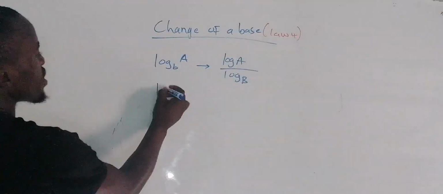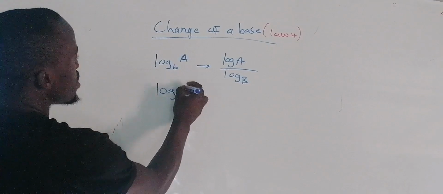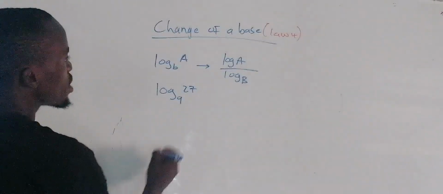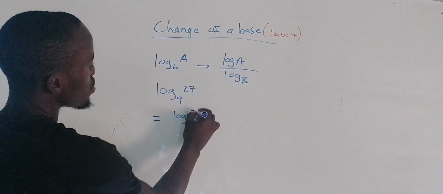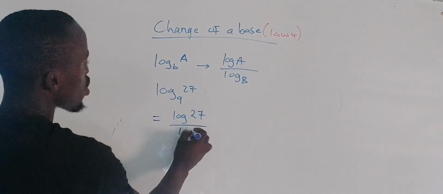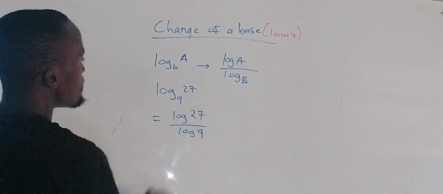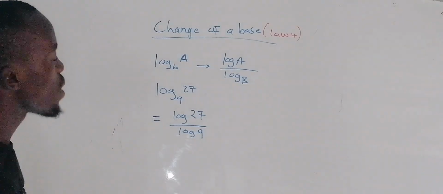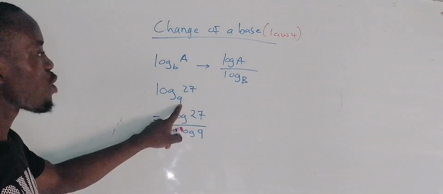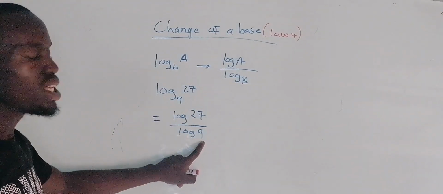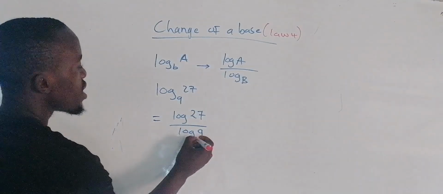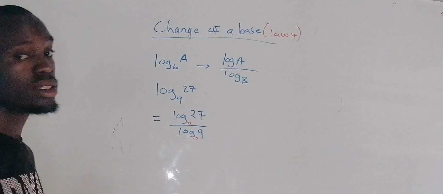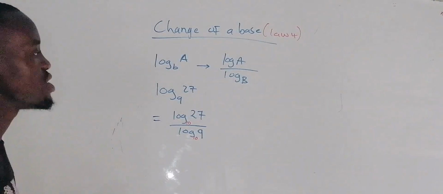Let me say you are given log 9 27. This is how you're going to do it. It's log of an exponent 27 over log of a base. Now this base changed from being a base to be an exponent, because here we are having a new base, which is 10.